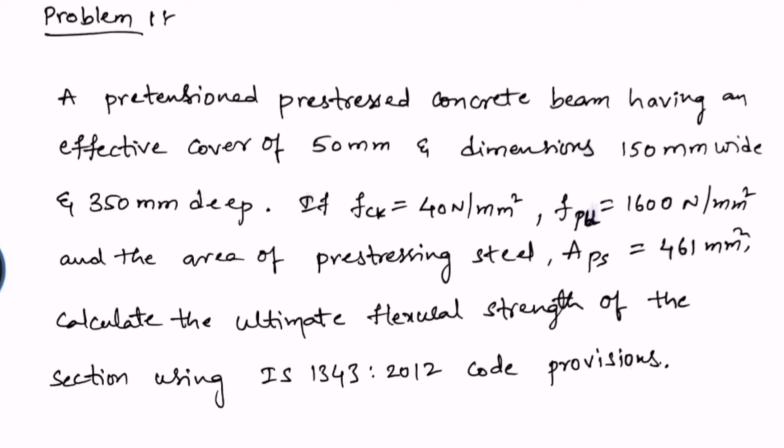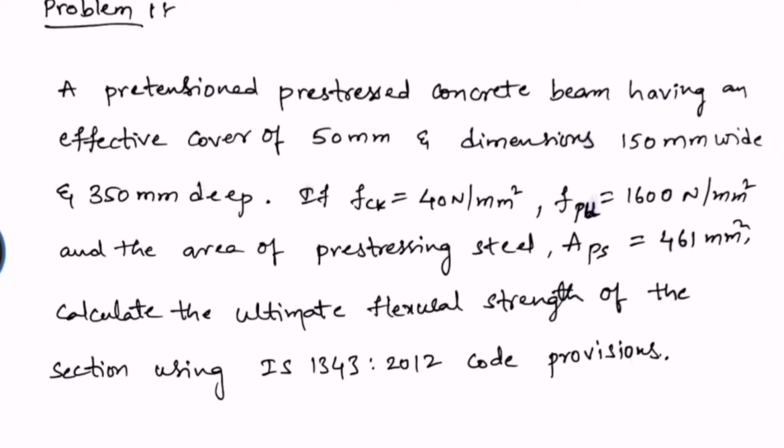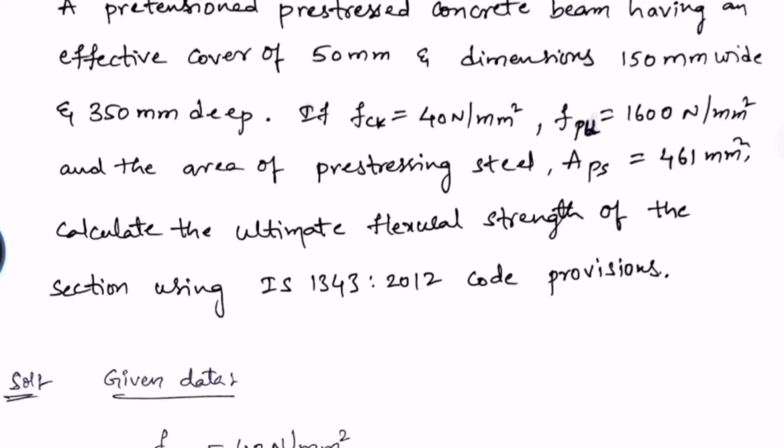If FCK is 40 Newton per mm square and FPU is given as 1600 Newton per mm square, where FCK is the characteristic strength of the concrete, as we know, and FPU is the strength of the tensile tendons or wires, whatever it may be, and the area of pre-stressing steel APS is 461 mm square. We have to calculate the ultimate flexural strength of the section using IS 1343 2012 code provisions.